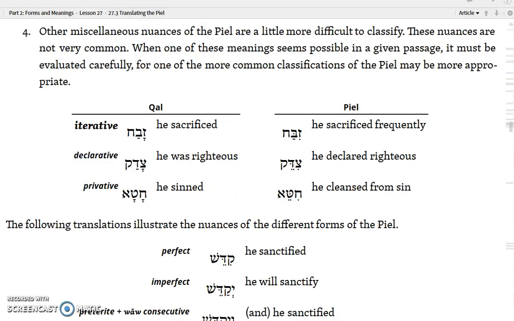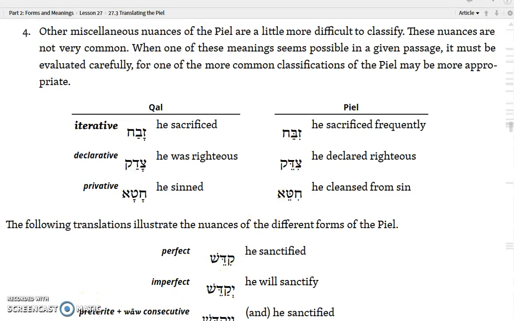And there are other miscellaneous nuances of the Piel. There's iterative, so zabach, to sacrifice, can become zibbach, he sacrificed repeatedly, sacrificed again and again. Zadak, to be righteous, can be ziddek, to declare someone righteous.